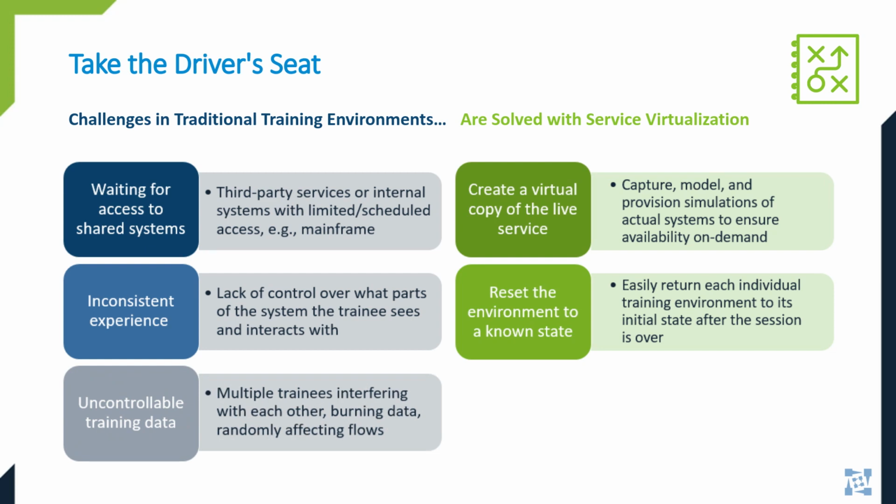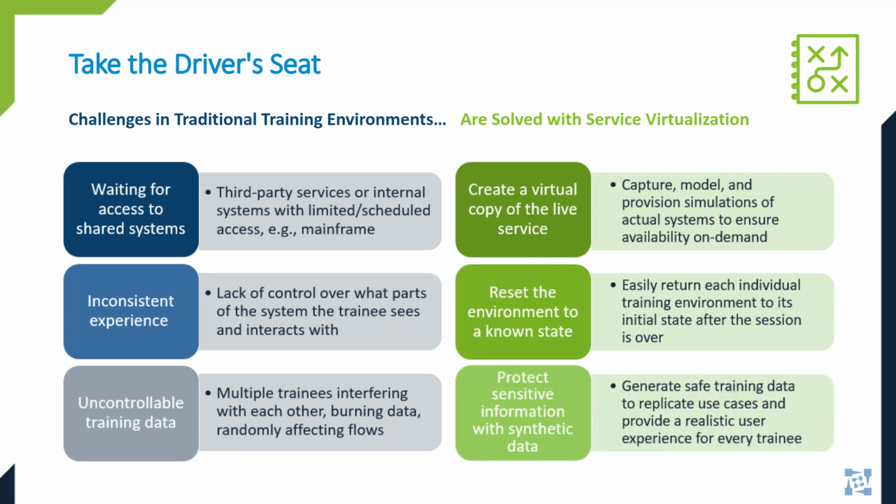Which leads to the third one, which is kind of a consequence of the second one, the training data. In the past, if you had a class of 12 new employees being onboarded, you would need 12 different customer IDs, 12 different account numbers, 12 of everything, so they don't interfere with each other, for instance, by burning data, canceling something, deleting something.